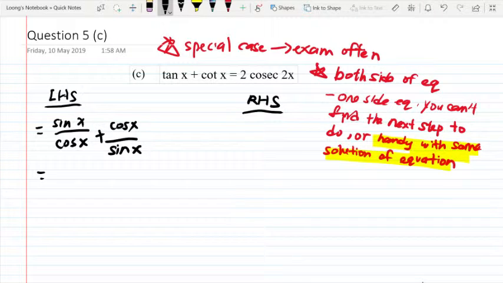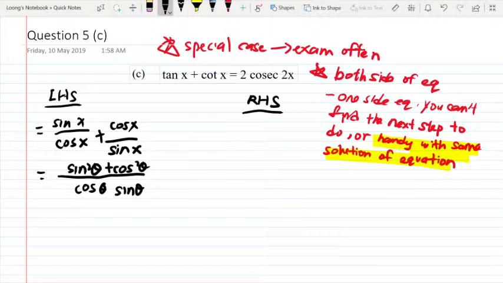So now we'll be changing them into fractions with the same base. And here we need to take note that there is another trigo identity.